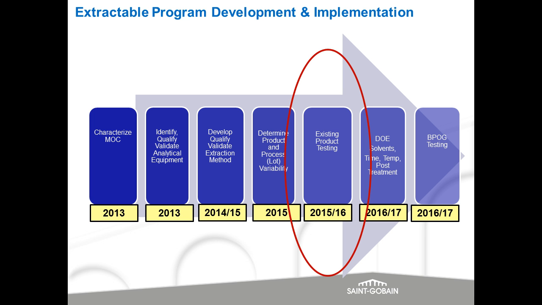Next year through the beginning of 2017, we're going to be focused on doing some experimental designs that will really map out how our materials of construction and product form factors react to different solvents, different times of exposure, different temperatures, and different post-treatments. And then during that same time period, we will complete BPOG testing on a number of our products.